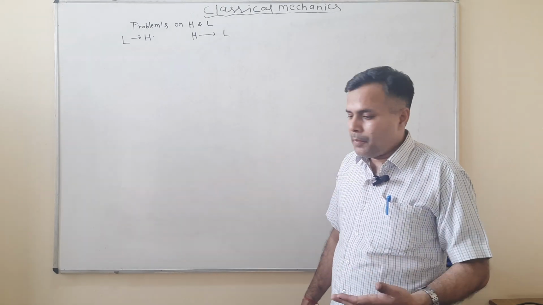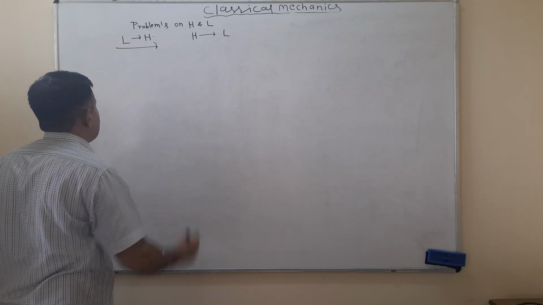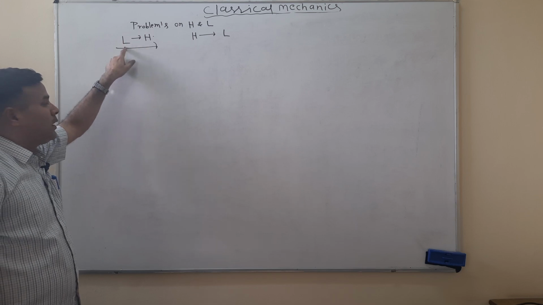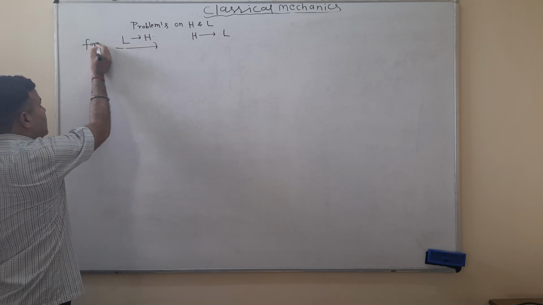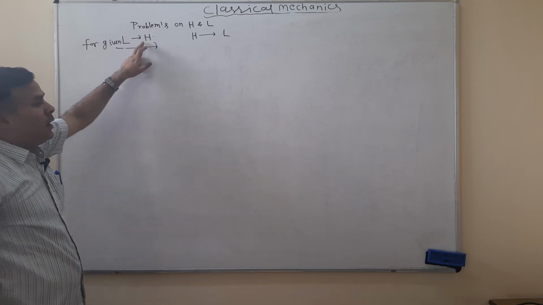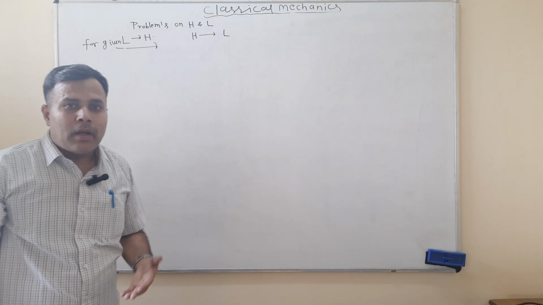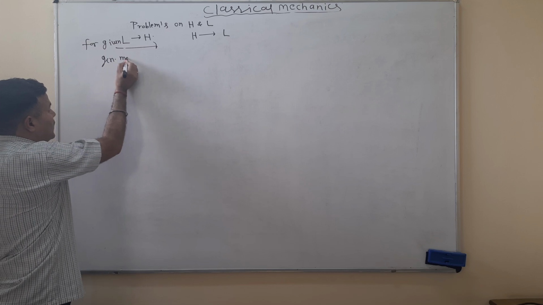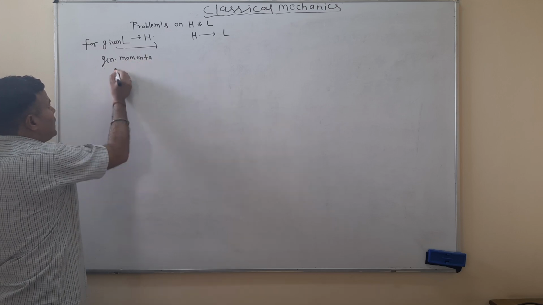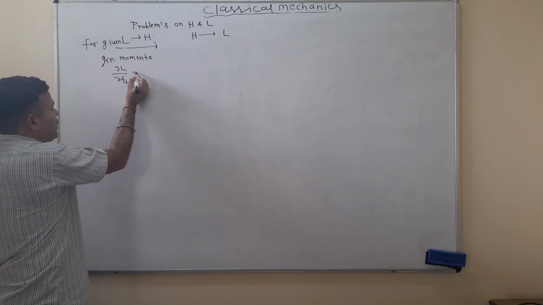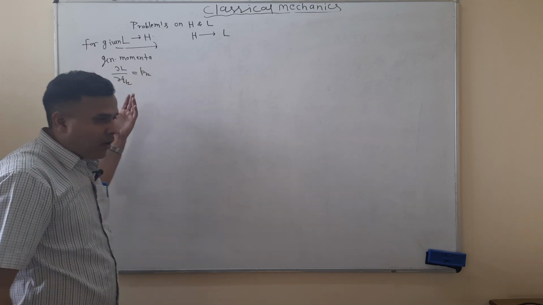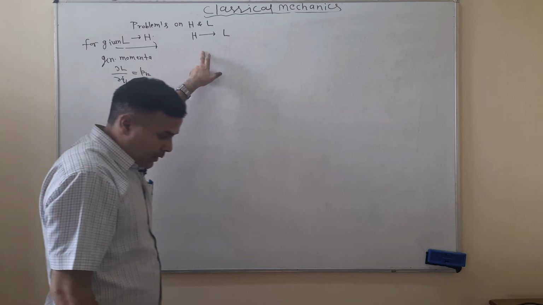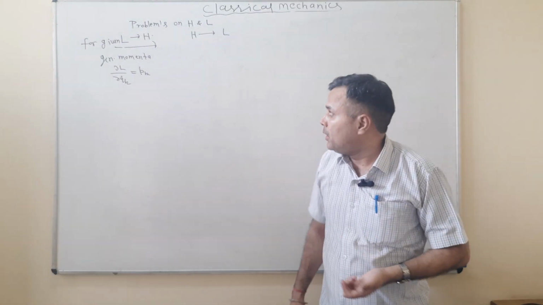So in our earlier lecture, for a given L, obtain H. I have already explained the steps: by using the concept of generalized momenta, which is del L upon del Qk dot is equal to Pk, replace all Qk dots by Pk in this case.